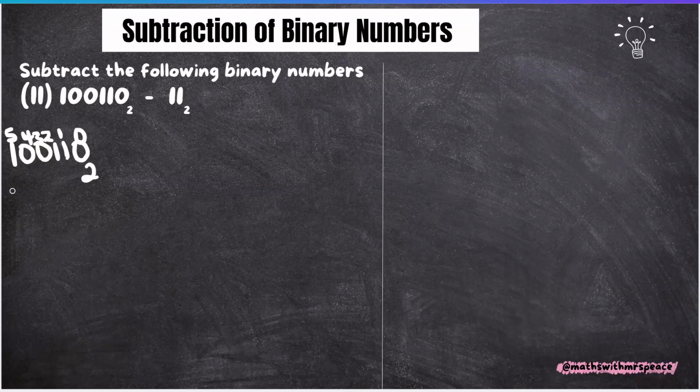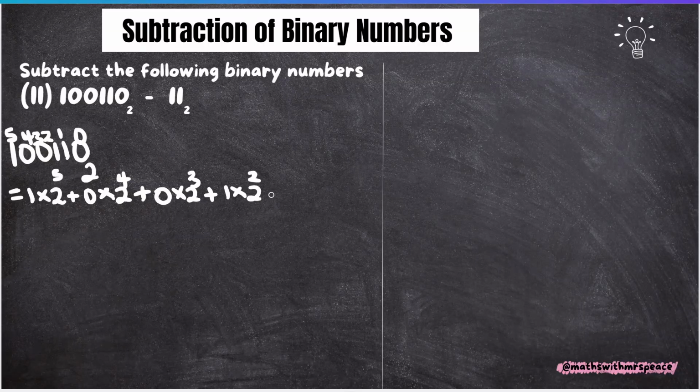So this is going to be equals to 1 times 2 raised to the power of 5 plus 0 times 2 raised to the power of 4 plus 0 times 2 raised to the power of 3 plus 1 times 2 raised to the power of 2 plus 1 times 2 raised to the power of 1 plus 0 times 2 raised to the power of 0. So what we are trying to do is to convert this number to base 10.